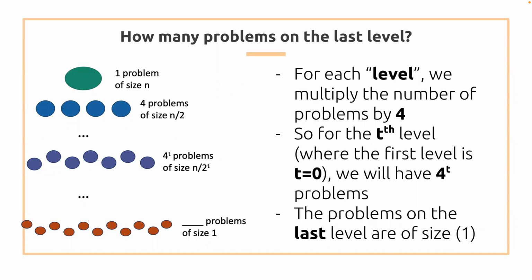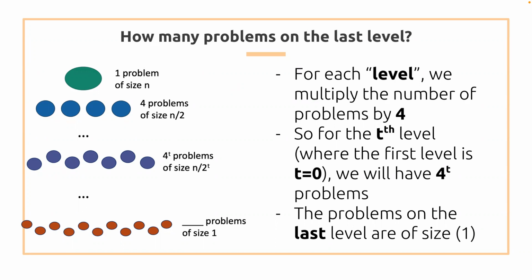Because here I have 4, here I have 4 times 4, here I have 4 times 4 times 4, and there's going to be t of them. So this is 4 raised to the power of t. Basic 8th or 9th grade multiplication. I will say this is where t equals 0, because 4 to the 0 equals 1. That's how we get 1 at the very beginning.